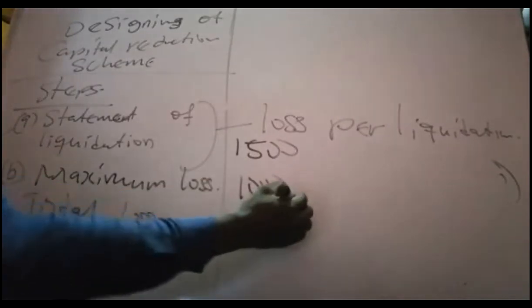So here, if the examiner asks you, should the company move ahead with the liquidation, or should the company move ahead with the reconstruction? It is based on the loss that they are getting. So here, I will tell the examiner they should reconstruct because the loss per reconstruction is minimal. It's cheaper to reconstruct than to liquidate, because you are incurring a loss of 1,000 Ghana cedis. It's far, far better than a loss of 1,005.